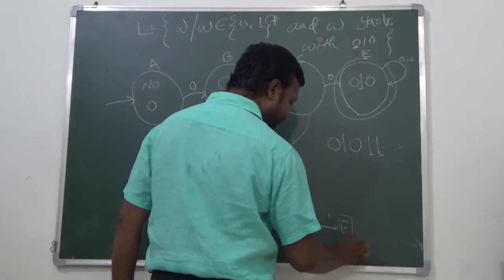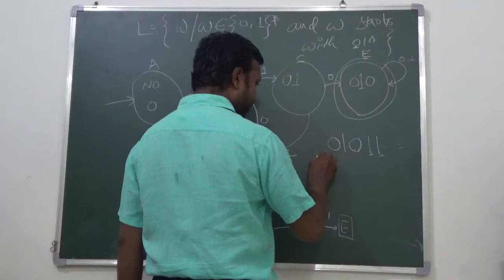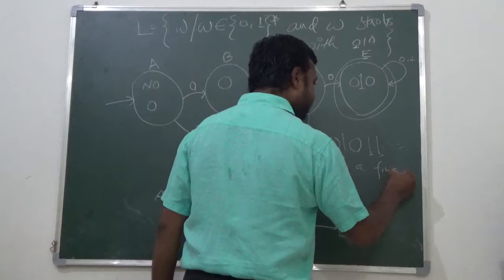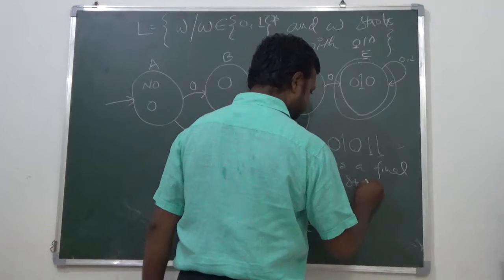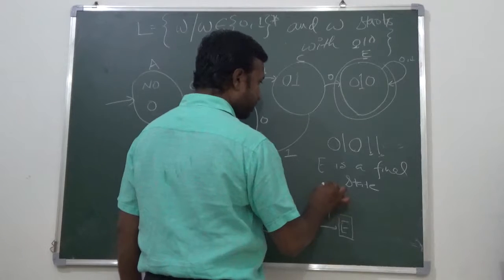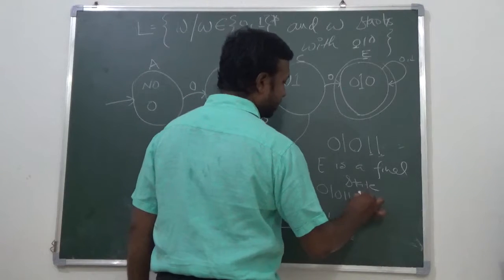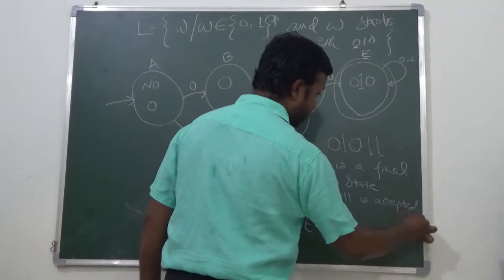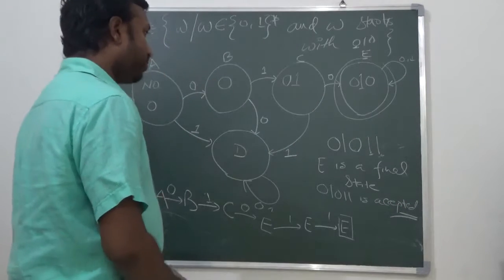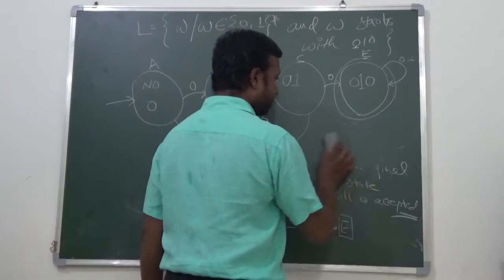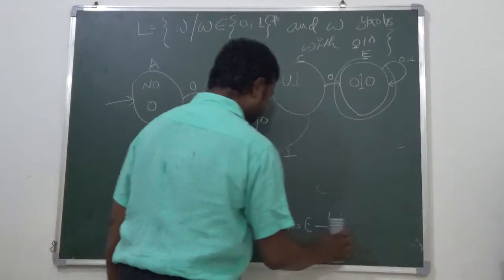So what is the last state? The last state is E, and E is a final state. That is why 0, 1, 0, 1, 1 is accepted. Right? So this is how the machine is working.